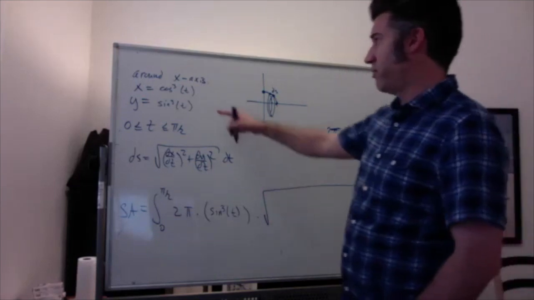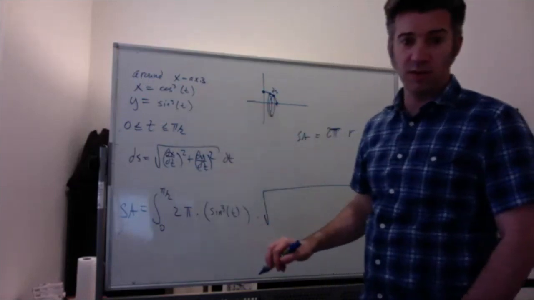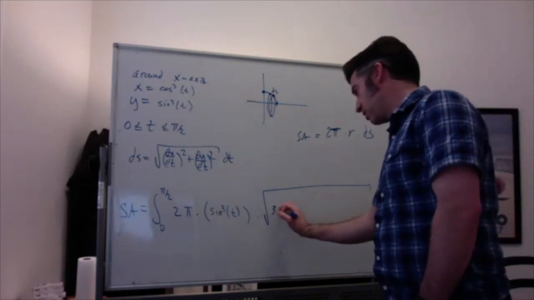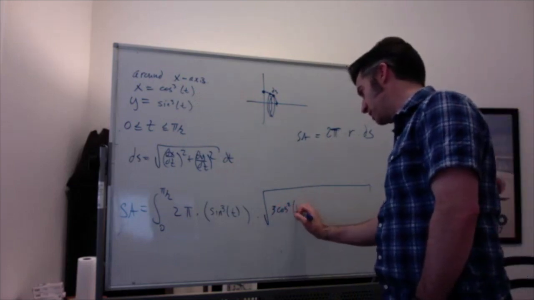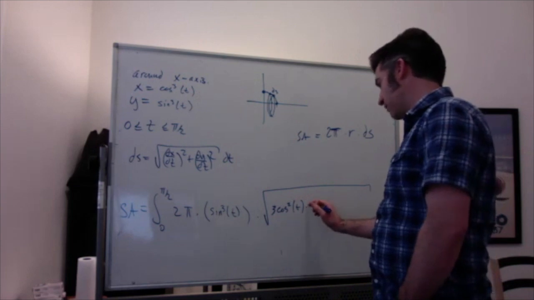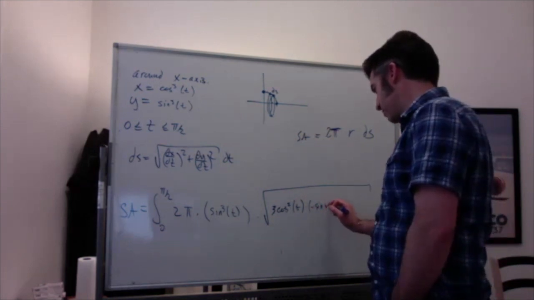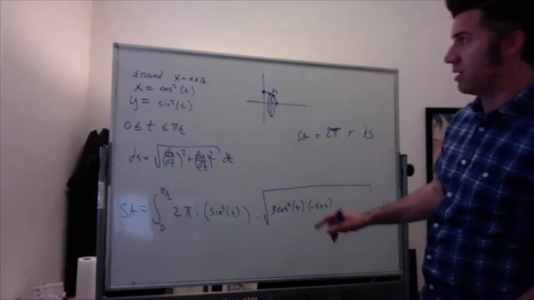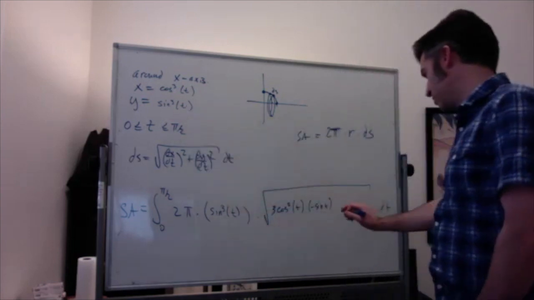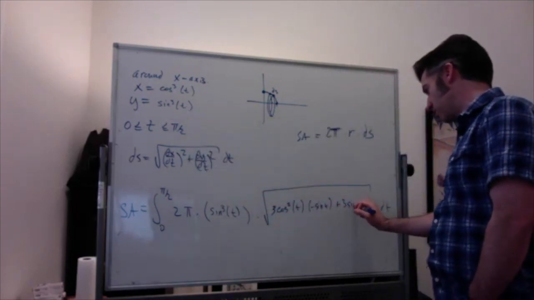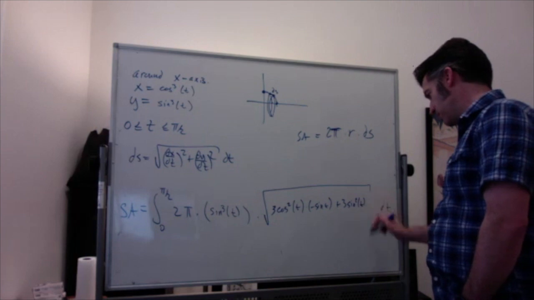Let's see. So the derivative of cosine cubed is going to be 3 cosine squared of t times negative sine of t. And the derivative of sine cubed of t is going to be 3 sine squared of t times cosine of t.